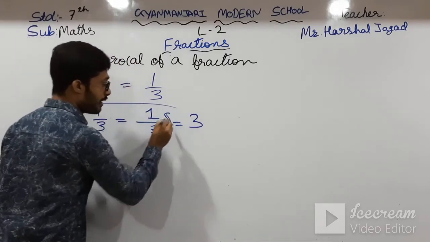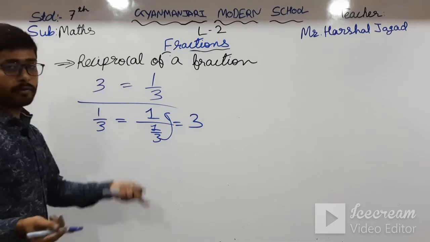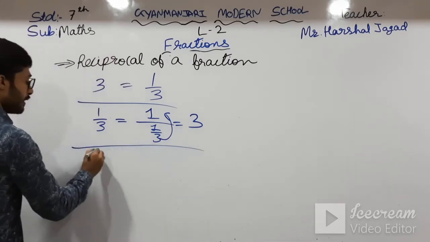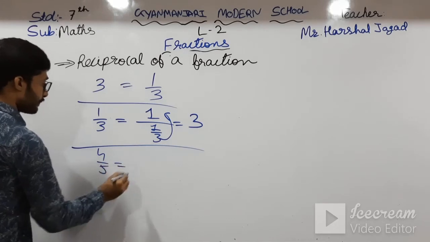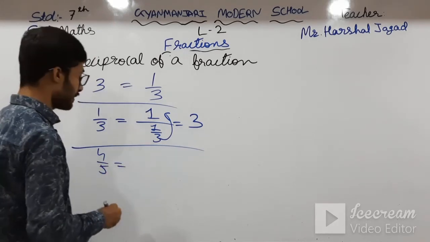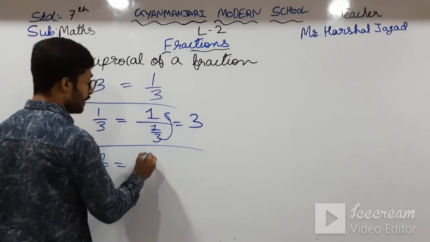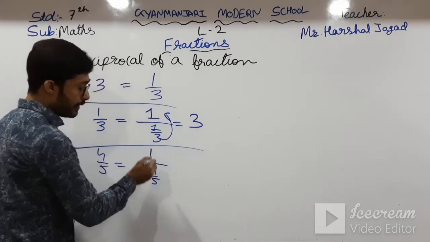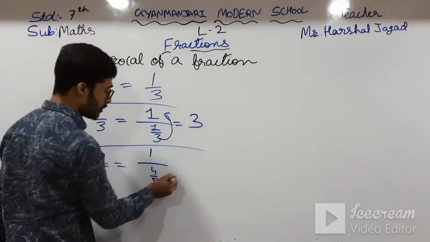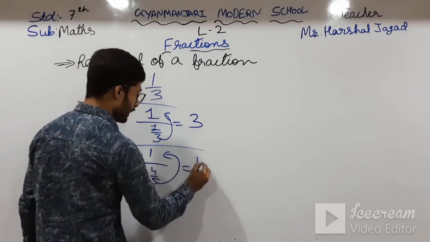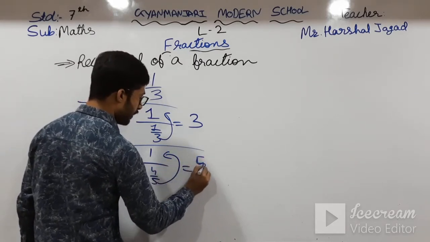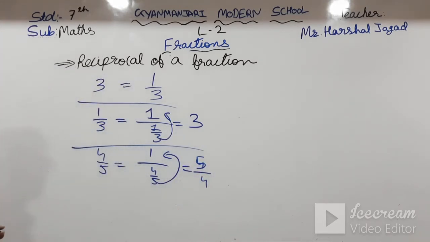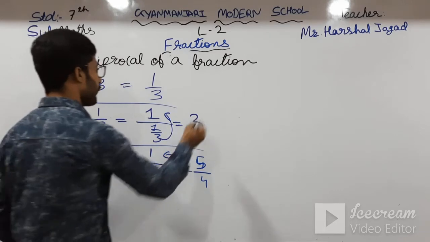This will go upside. If we don't write the 1, it's okay. Now next, if here is 4 by 5, then what will be the answer? The reciprocal: 1 divided by 4 by 5. The denominator goes to the numerator, so it comes 5 by 4. Okay, students, this is the reciprocal of a fraction.